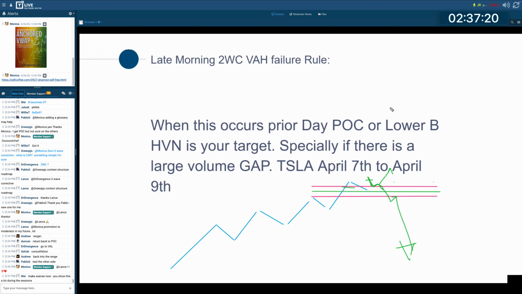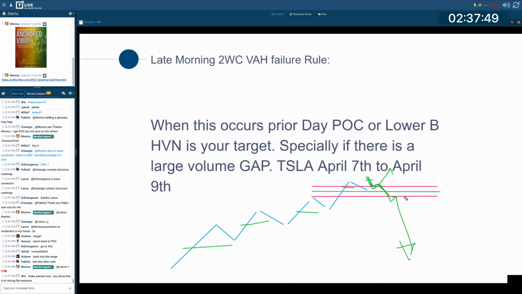There's a lot of technicals you need to look at, but when you fail to hold above this value area on a stock that's been trending higher, these green lines are points of control, and you've got stacked points of control. So you're finding higher and higher transactional value, and all of a sudden, instead of continuing, you rotate back into value area high. The chances of a full rotation to value area low are extremely high.